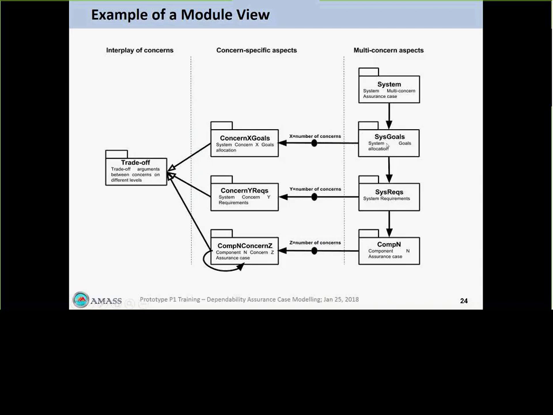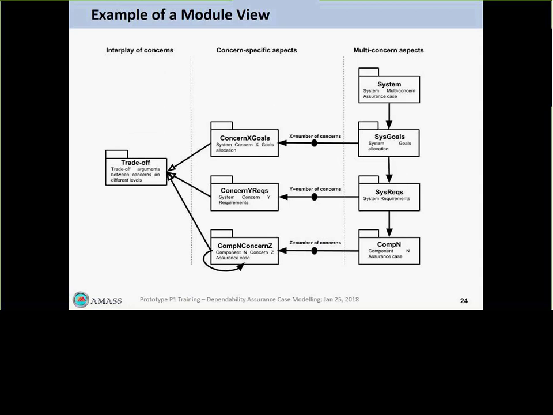This system goal allocation will be decomposed into system requirements, and in the end into components. And all these requirements we can decompose into the different concerns. All this, at the same time, is in the context of the trade-off between the different concerns. I don't know if you remember, I will show you later.